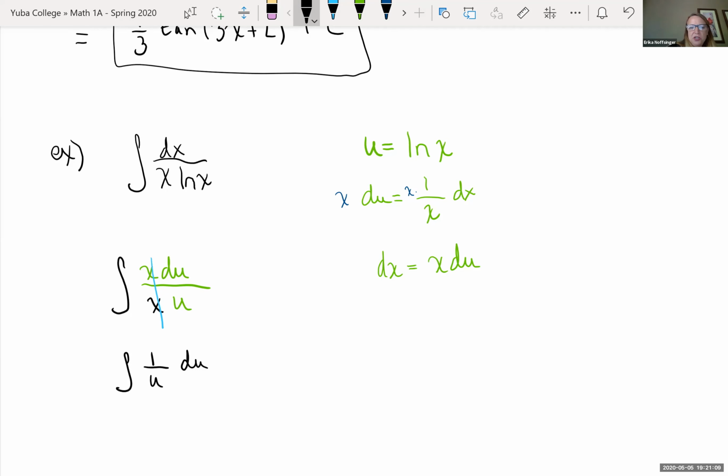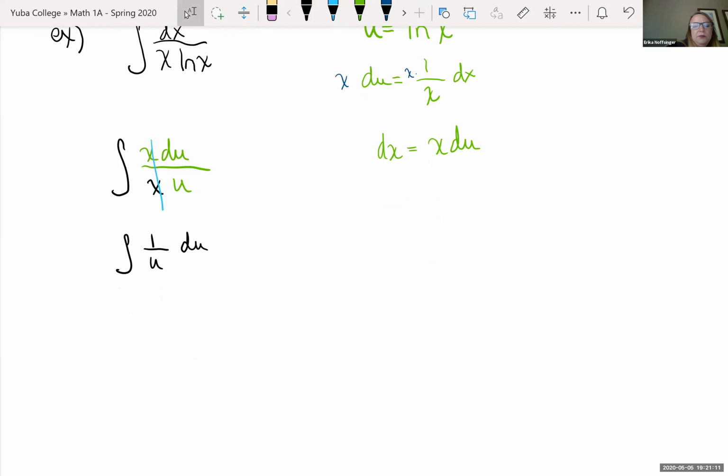So that was the special case. The antiderivative of 1 over u is the natural log, absolute value of u, plus c. Well, this is the natural log of what u was, but u was the natural log of x.